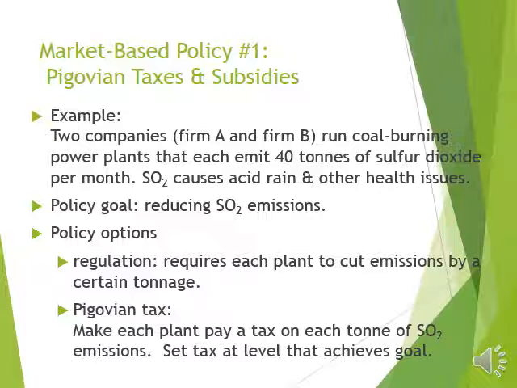Suddenly they're going to have a big incentive to cut down on their pollution because it's going to save money. And you need to set the tax level where you will create the right incentive to reduce the SO2 emissions to the socially optimum quantity.